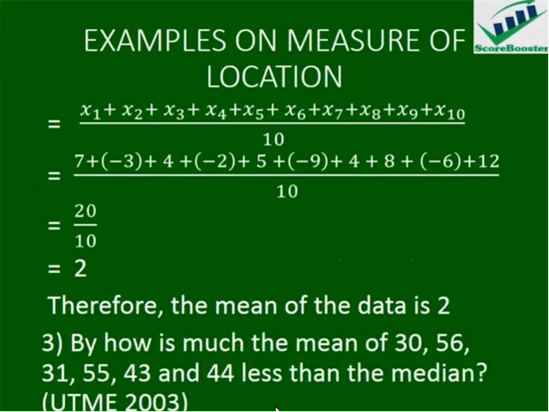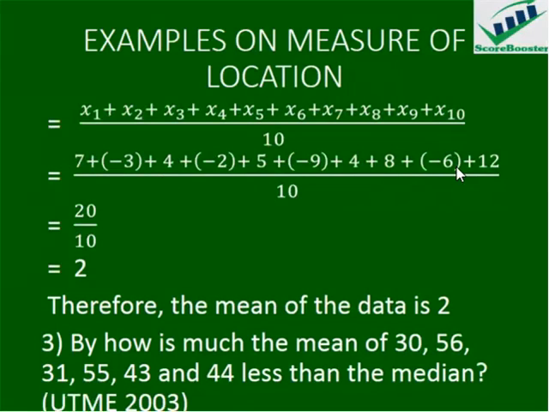So substitute these parameters into the formula. X bar will now be equal to x1 plus x2 plus x3 up to x10 divided by 10. So we're now fixing the values of the x i's, that is the values we have in the set of data. So we have 7 plus minus 3 plus 4 up to the last, which is x10, which is 12.